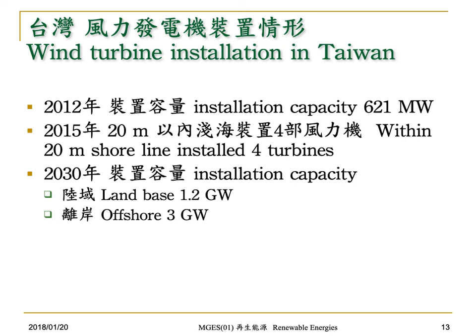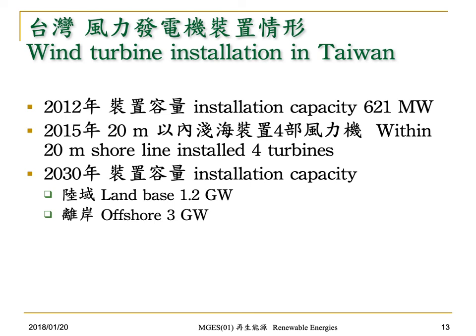And in the year 2020, another about 300-400 megawatt of wind turbines were installed in the Miaoli area. In the year 2012, all the installation was land-based wind turbines. In the year 2015, most started offshore wind turbines.